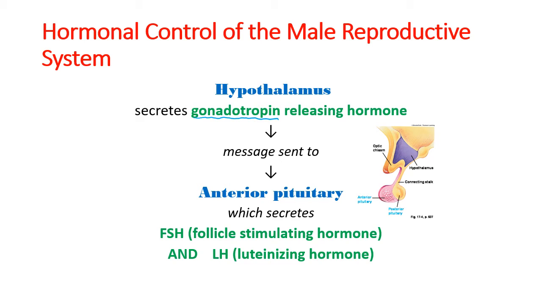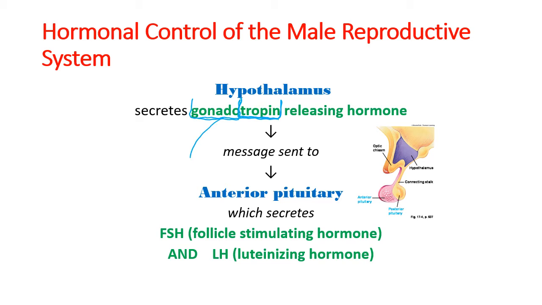When we looked at hormones before, we saw that gonado tells us it's going to stimulate the gonads. As a tropic hormone, it's also going to stimulate another endocrine organ. So we're going to have other endocrine tissue stimulated by that gonadotropin releasing hormone.